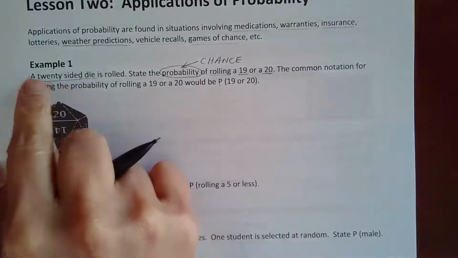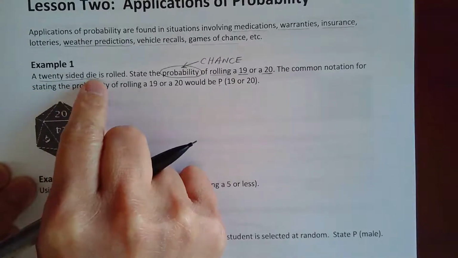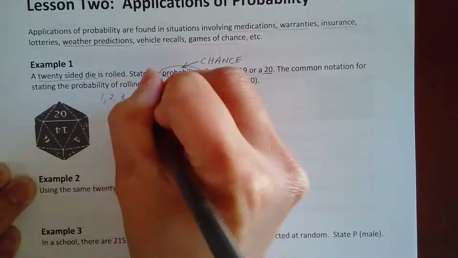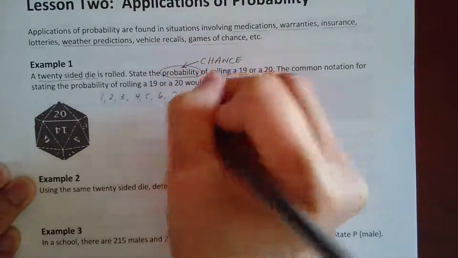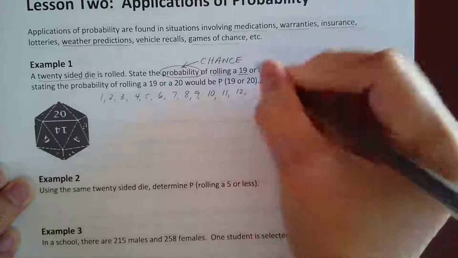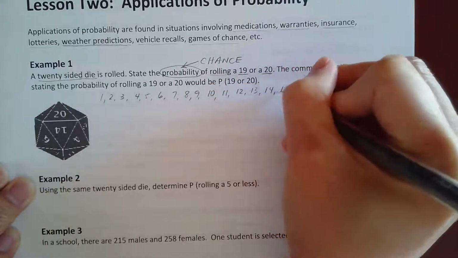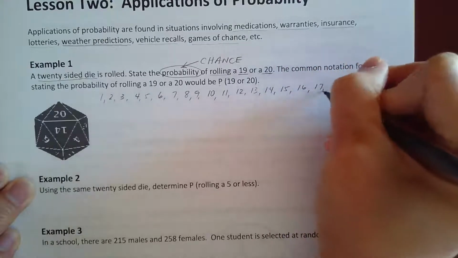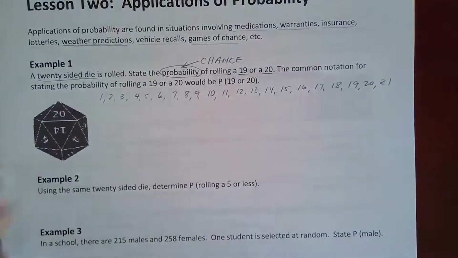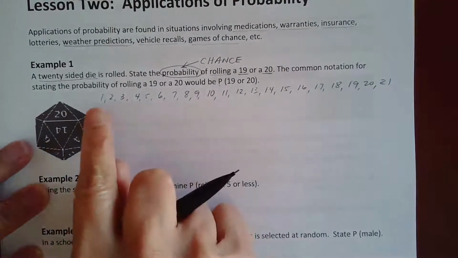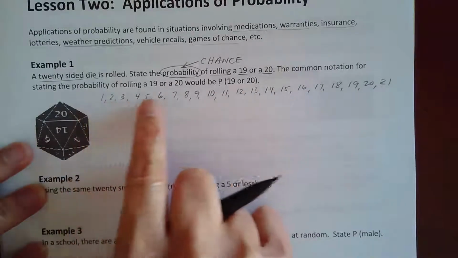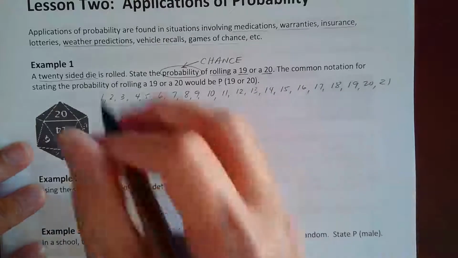Because this is a 21-sided die, we have 1 up to 21. These are the possible outcomes.